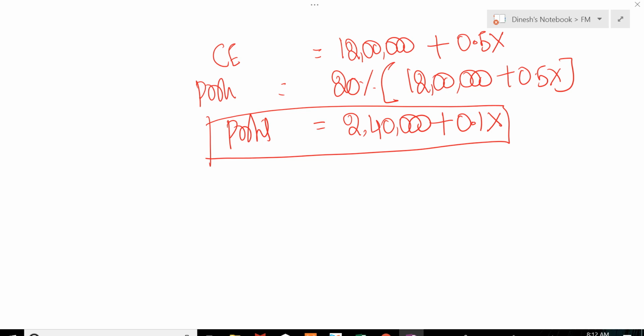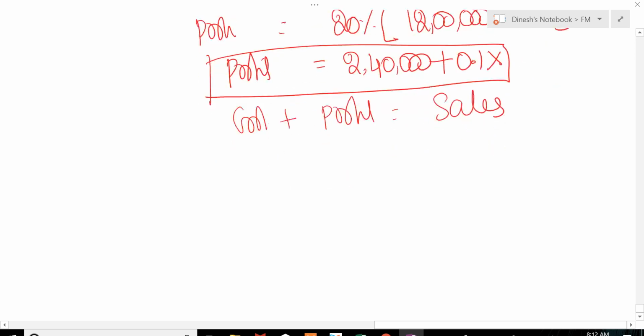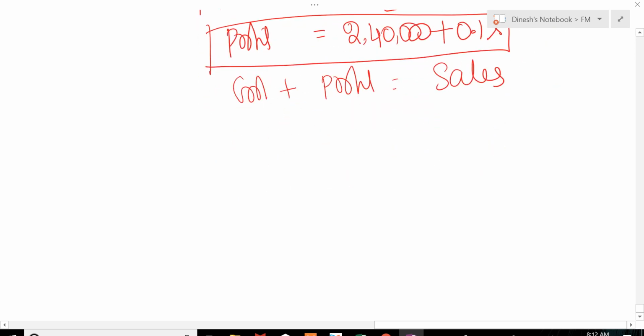Cost plus profit is equal to sales. You know the cost, you know the profit in terms of X, sales is X. Somewhere you will get the answer to X. So then cost plus profit is equal to sales. Tell me the overall cost figure.